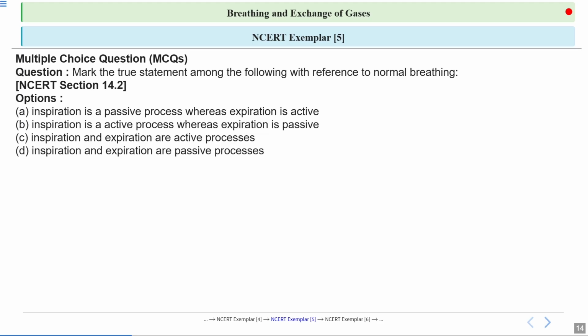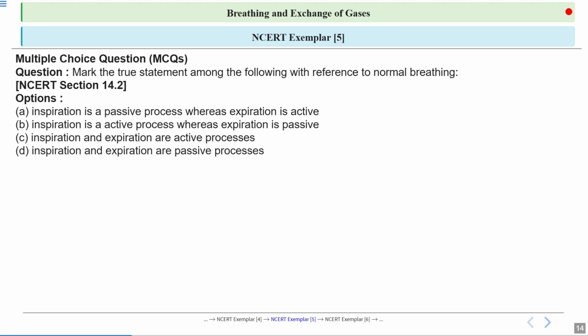A. Inspiration is a passive process, whereas expiration is active. B. Inspiration is an active process, whereas expiration is passive. C. Inspiration and expiration are active processes.